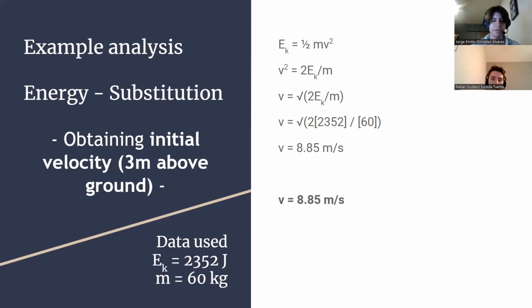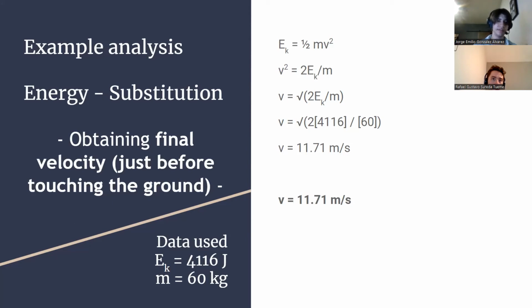With this information, we can now find the initial velocity 3 meters above the ground. Using the kinetic energy formula, we isolate the velocity, which gives us a new formula: velocity equals the square root of 2 times the kinetic energy divided by the mass. The final result of this equation is 8.85 meters per second. Now we need to obtain the final velocity, which is just before touching the ground.